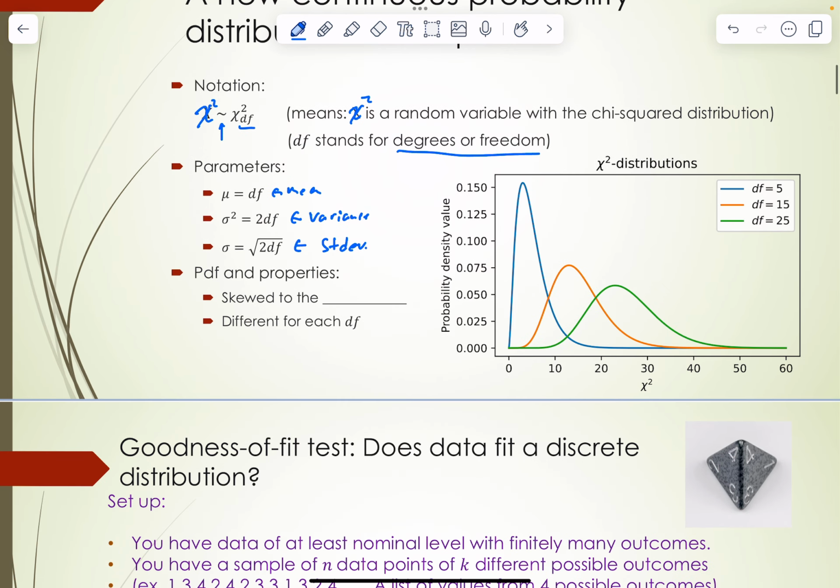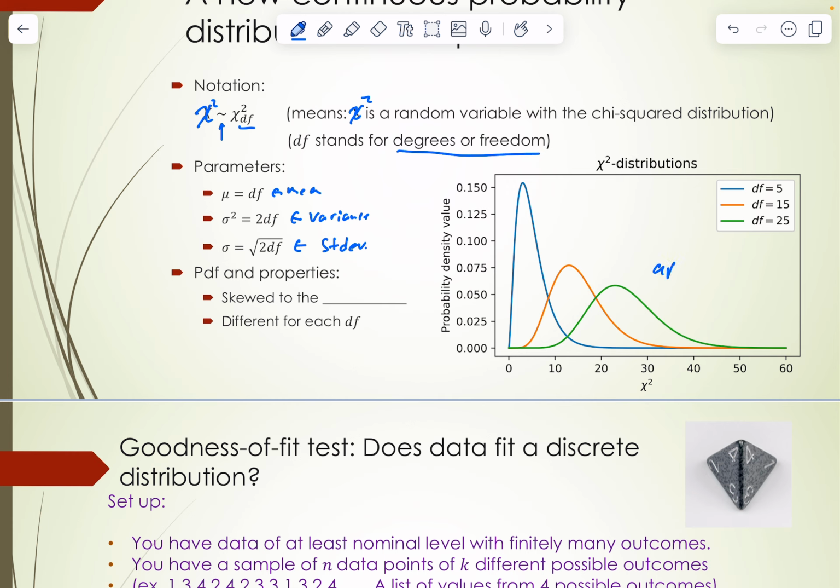The probability density function and its properties, as discussed, get closer and closer to the normal distribution.